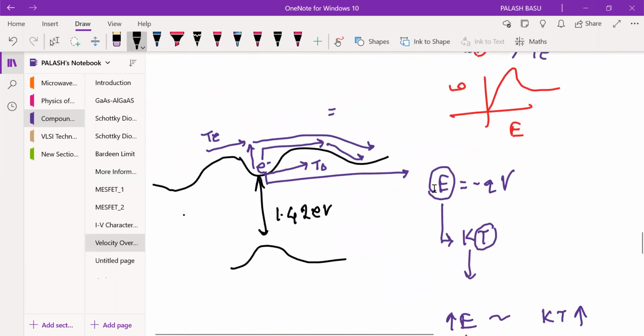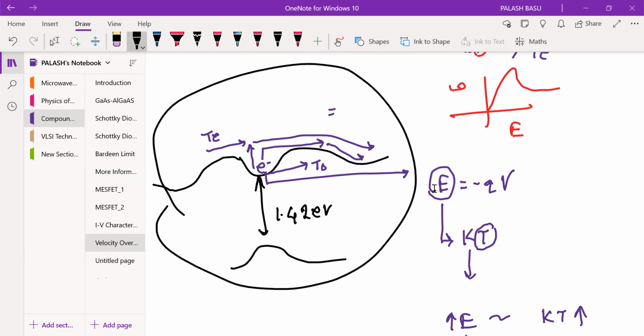So you can see this model, right? You have an electric field up to this level, then the electron travels and then it rolls off. It's very important.